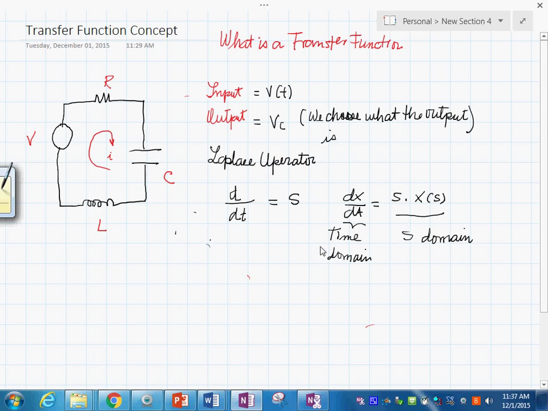Following this concept, if you have d dt of this, in other words d squared x dt squared, it is going to be s times s x of s, or equal to s squared times x of s. These are the two things that we need for our purposes.